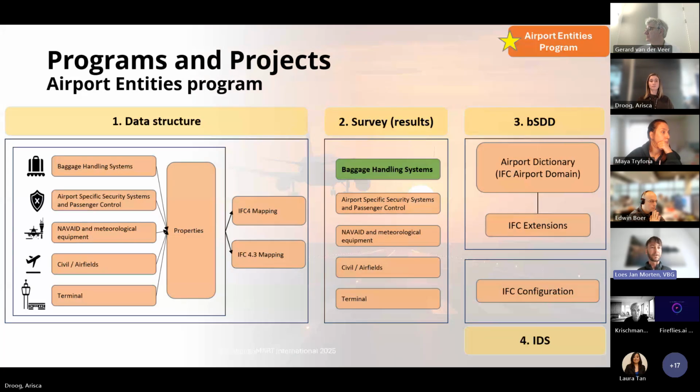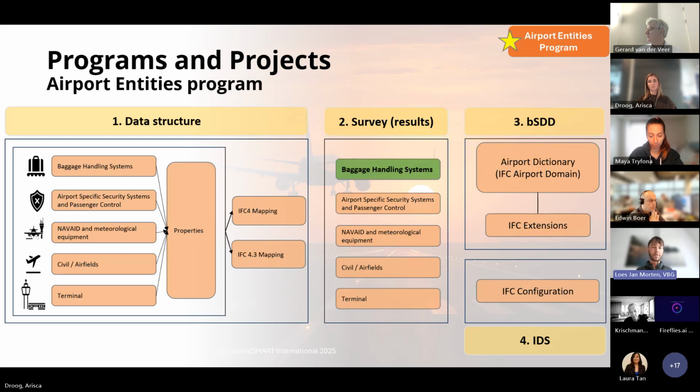While the terminals carry a lot of common entities like walls, doors, windows, and the like, they also have specific items that are unique to airports. And when we can find a common naming convention, they all need specific properties, and we want to map them into the IFC4 and the IFC 4.3 mapping schema.